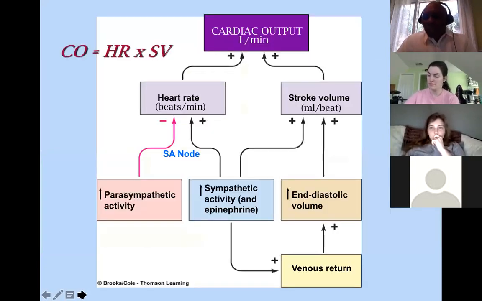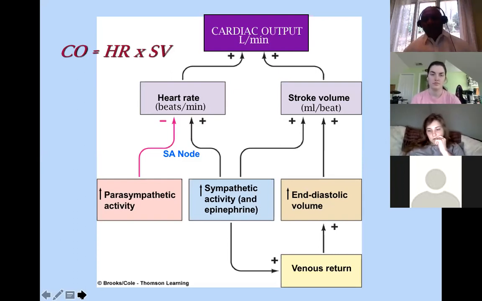This now takes us to cardiac performance. Okay, so if you have a patient with a congestive heart failure or any abnormal heart problems, you assess their cardiac performance, their cardiac output.